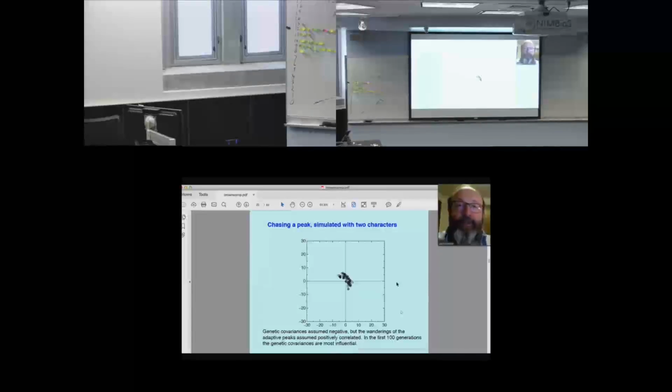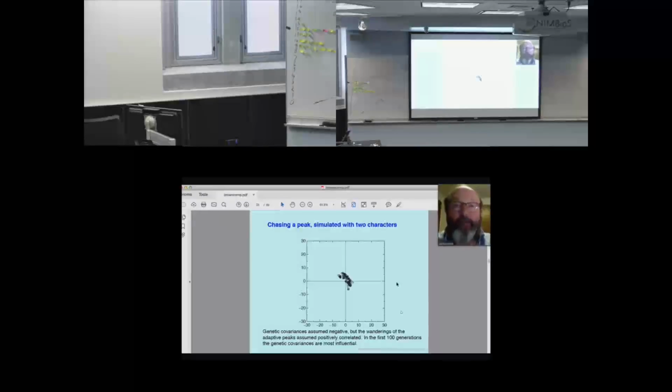Convergence. Yeah, convergent evolution. You could have convergent evolution in a situation like this by having the peaks pulled together. So you could have a phylogeny, and let's say organisms are wandering on peaks, but they're separate peaks.